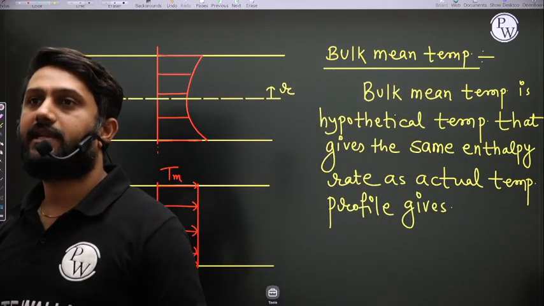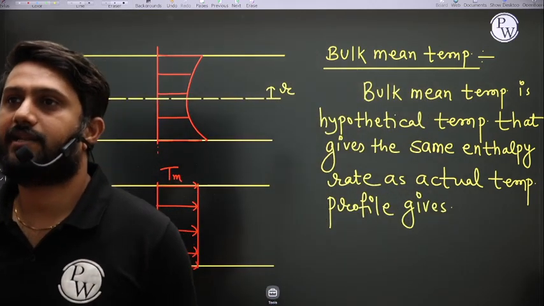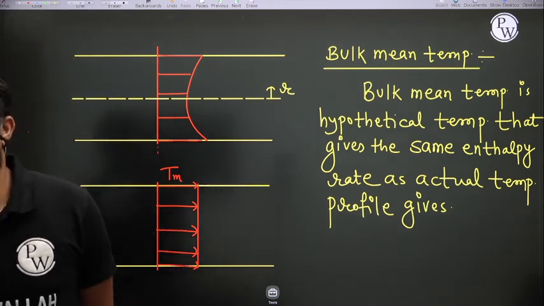Right, what is the bulk mean temperature? The bulk mean temperature is a hypothetical temperature that gives the same enthalpy rate as the actual profile gives.